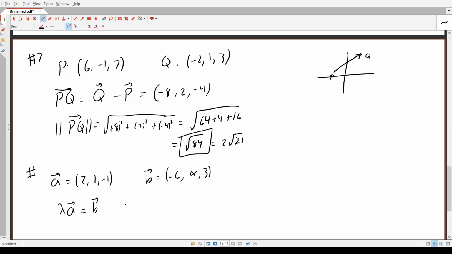Okay, so here I have 2 lambda equals minus 6, and then I have lambda equals alpha, and then I have minus lambda equals 3. So that right there tells me lambda equals minus 3, and this right here tells me that alpha equals minus 3.